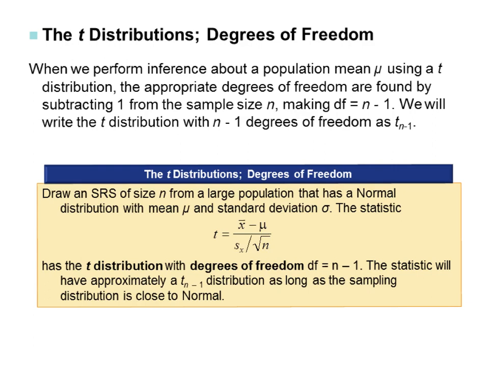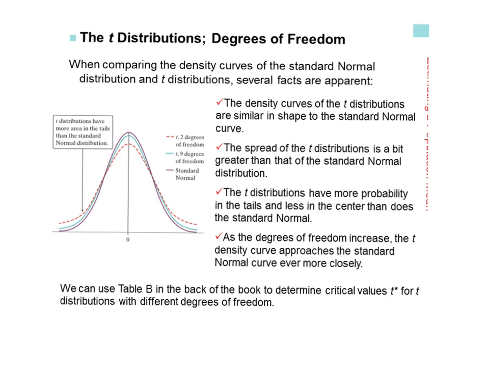Basically what's happening with degrees of freedom is this, and here's how I want you to think about it. You have three curves on here. The dashed one is 2 degrees of freedom.